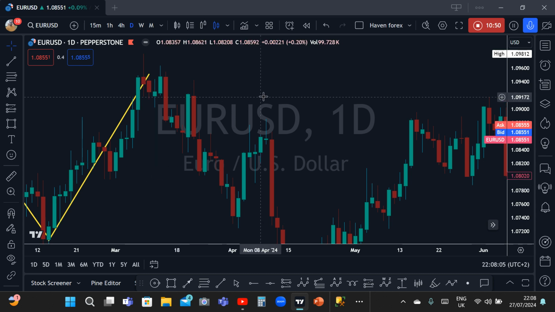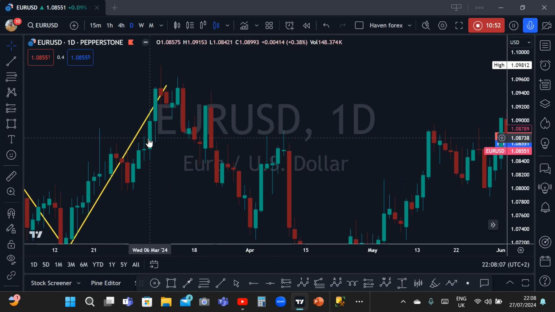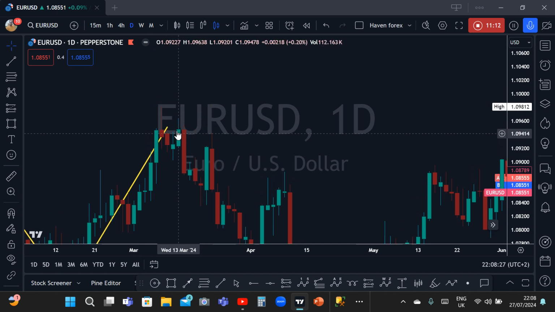But here is the deal, guys. By the time you discover that it makes a push high, then there is a rejection. There's a little corrective phase, two candles, which is valid, all right? But what it is supposed to do next is break the structure high.